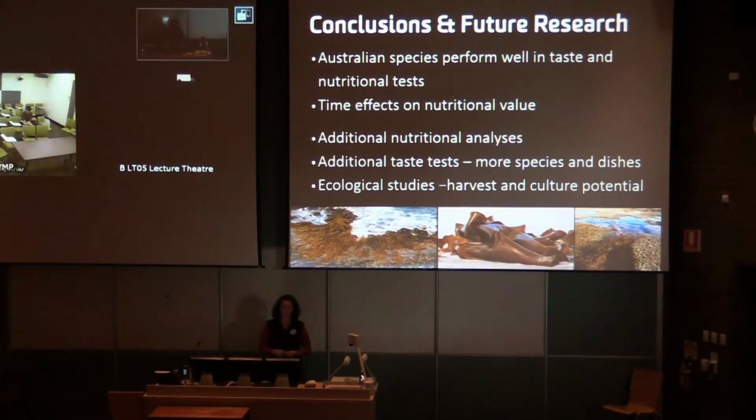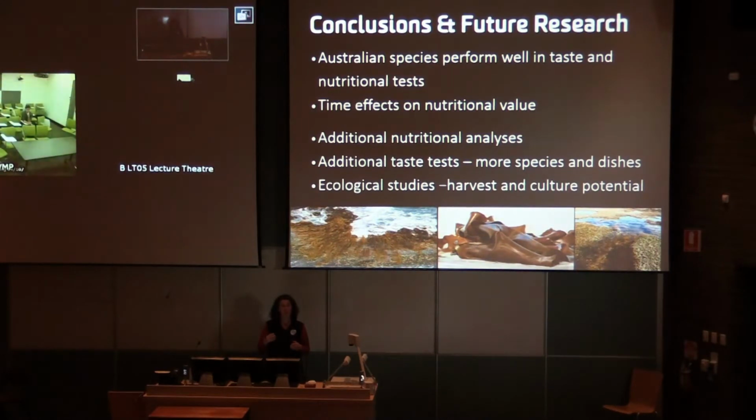We're also interested in, and concerned about, the mineral composition and metal contamination. As I said, we need to collect seaweeds from clean waters, and seaweeds are good sources of microelements that are depauperate in our terrestrial soils, so they're potentially really good sources of minerals for us. But some of these minerals can become toxic in high concentrations. So we need a good understanding of the natural levels of various minerals in the Australian species we're looking at, and indeed in any species of seaweed that we're eating.